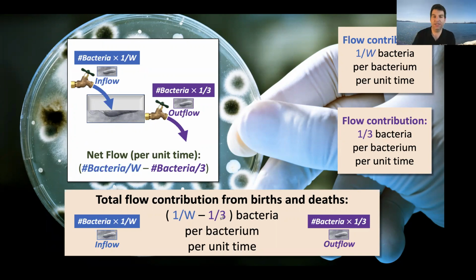Every bacteria is going to contribute this much to the net flow of the system. So you just multiply this net flow per bacterium by the current number of bacteria in the current DT time step, and then that whole thing by DT to tell you how much bacteria are going to change in the next DT. And that could actually mean that the number of bacteria will go down or go up.